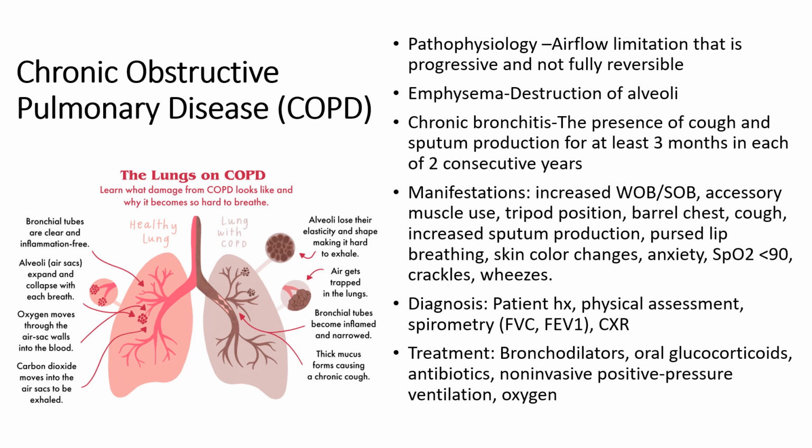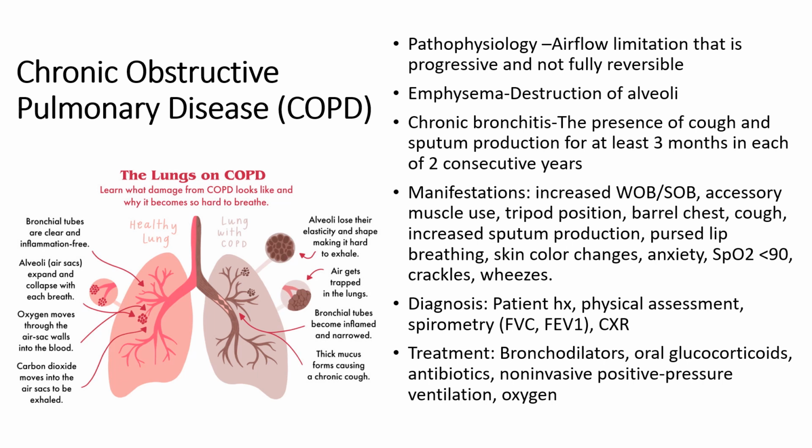And again, they could have increased sputum production, cough, pursed-lip breathing, which is kind of like breathing through a straw. I'll talk about it shortly. Skin color changes, so they might have red or blue, which is the cyanotic. They're likely to have anxiety. Their SpO2 is usually less than 90, with crackles and wheezes.